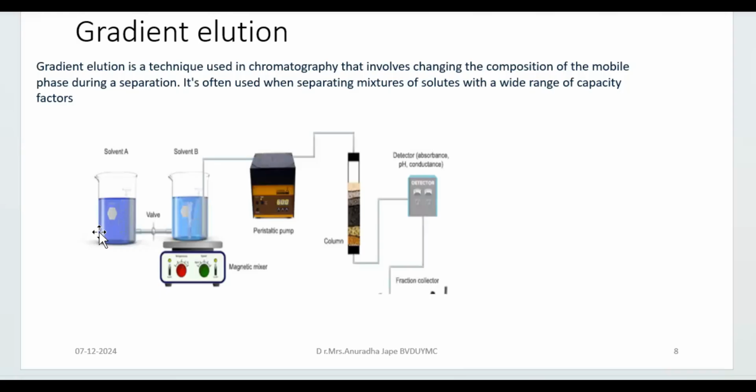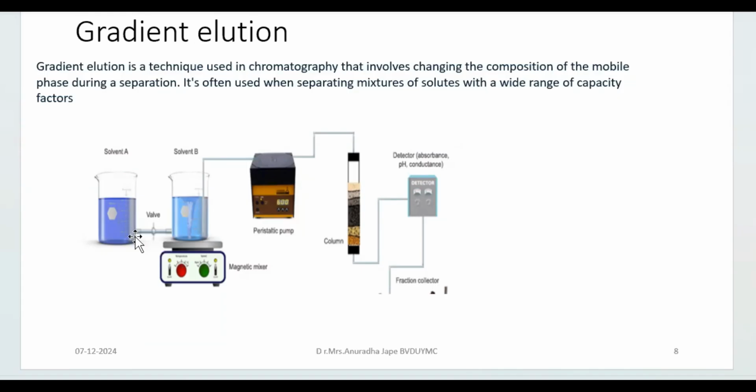Now, to produce a suitable gradient system, you may mix two solutions, two solvents also, as you are seeing in the slide. There are two reservoirs having two different solvents, solvent A and solvent B. They are to be pre-mixed at a pre-designed proportion. This is the pump which is attached, and by capillary tubing, as you are seeing here, the vessels are connected through the pumps and the tubing channels.